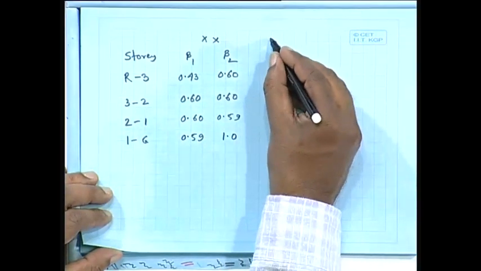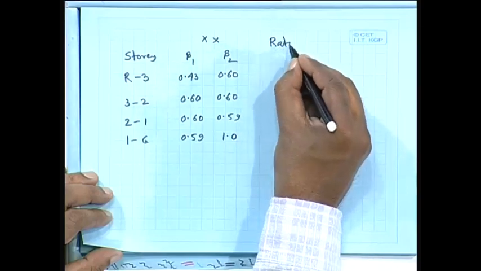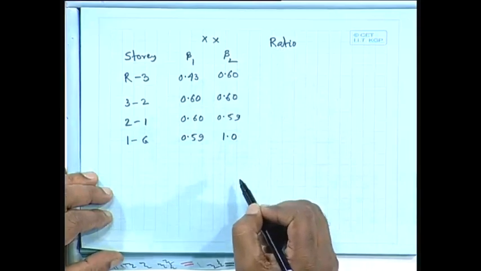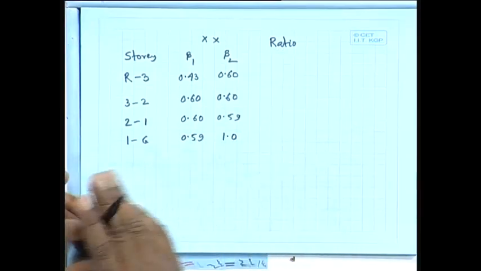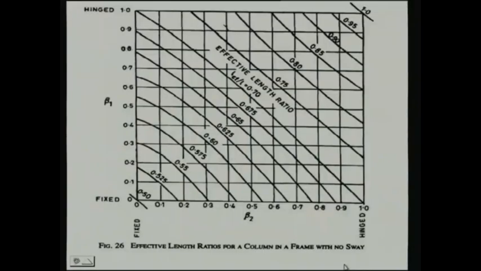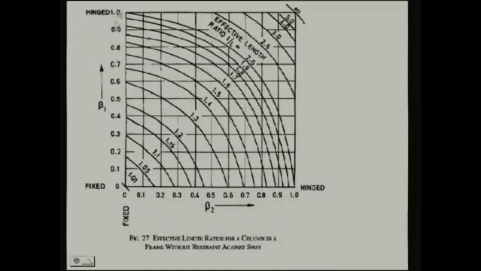So, what about the ratio then? That factor, the ratio that we have to find out, where from shall we get it? We have two cases. One is no sway; this is the case of no sway. I can show you the next one at least. We have another one, figure 27, which is without restraint against sway, that means we are having sway.